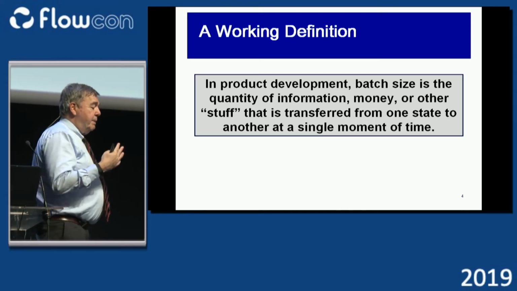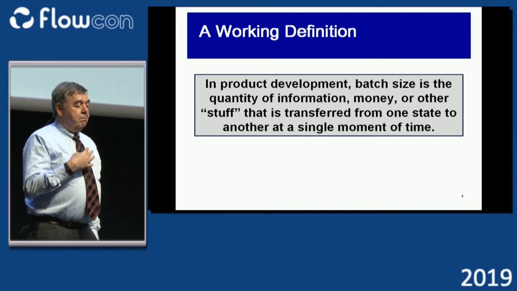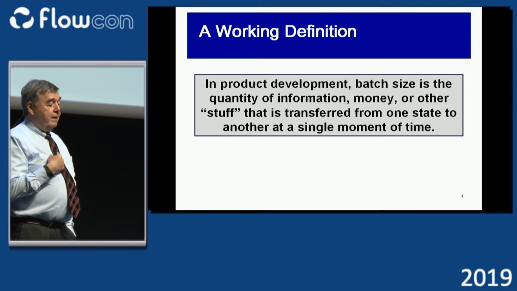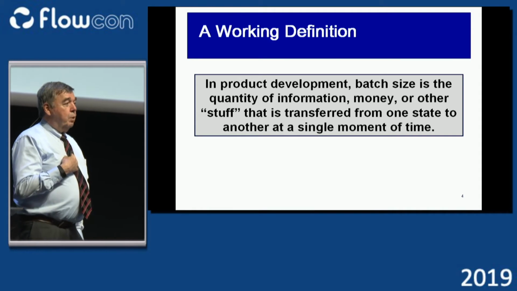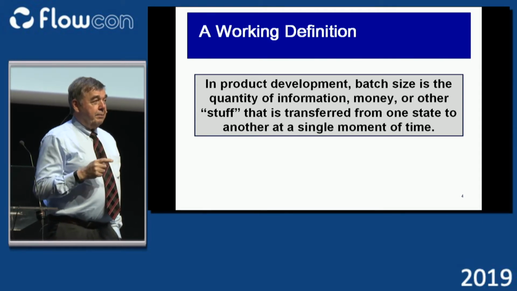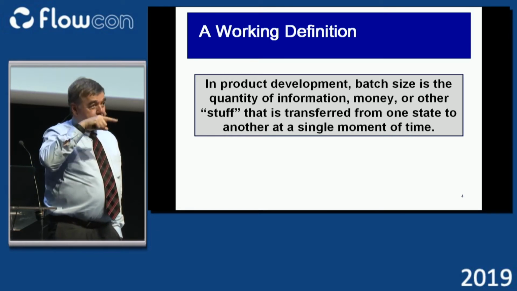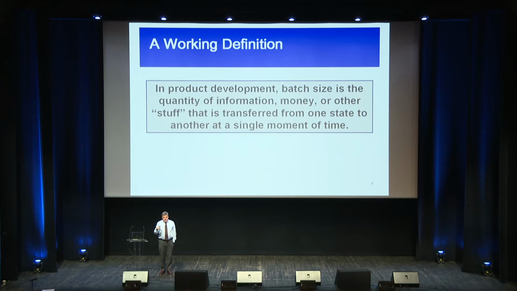For me, batch size is the quantity of information, money, or other stuff that is transferred from one state to another at a single moment in time. So the key concept is something is changing state. There's a cost associated with changing that state at that instant in time, and everything that changes state at the same time is what we're referring to as the batch.